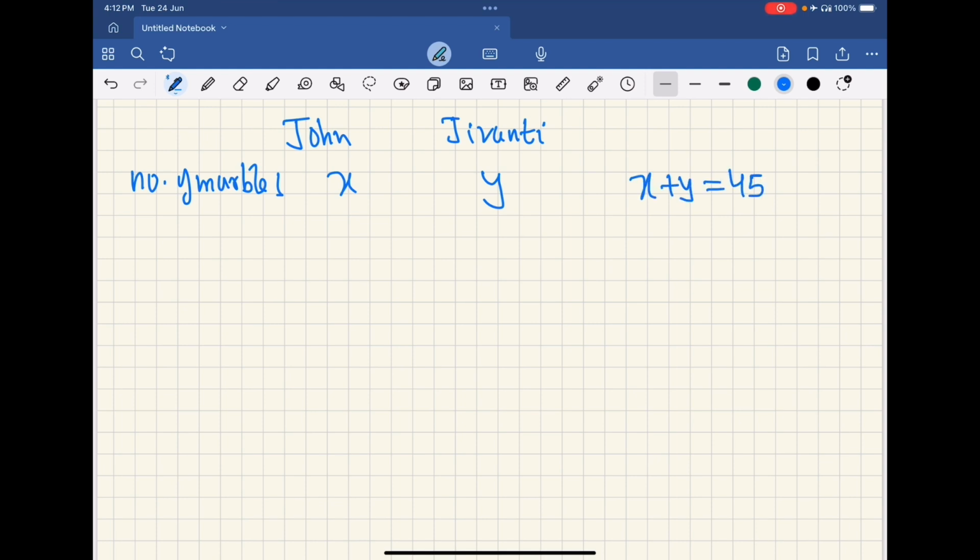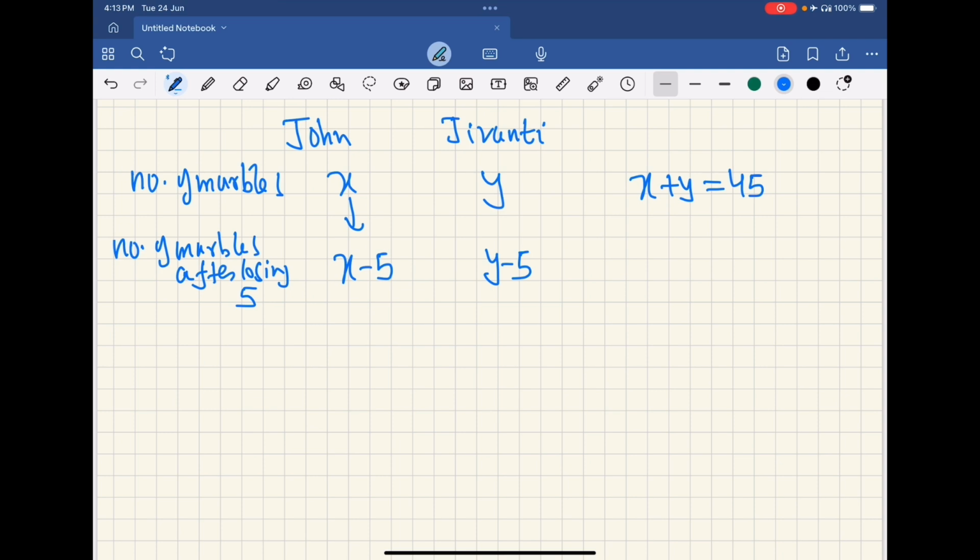Okay students. Now it says both of them lost 5 marbles each. So now let us find the number of marbles after losing 5 marbles. John had x, 5 are gone, so how many does he have now? x minus 5. Jeevanti had y marbles, 5 lost, so how many does she have, y minus 5.